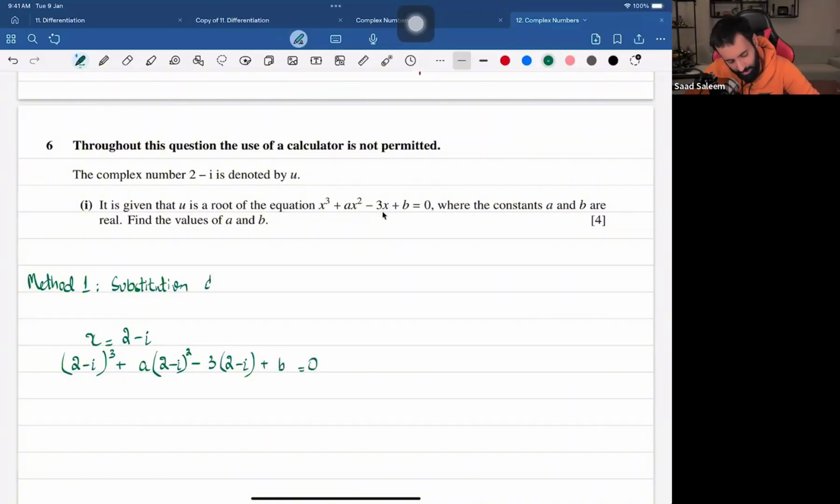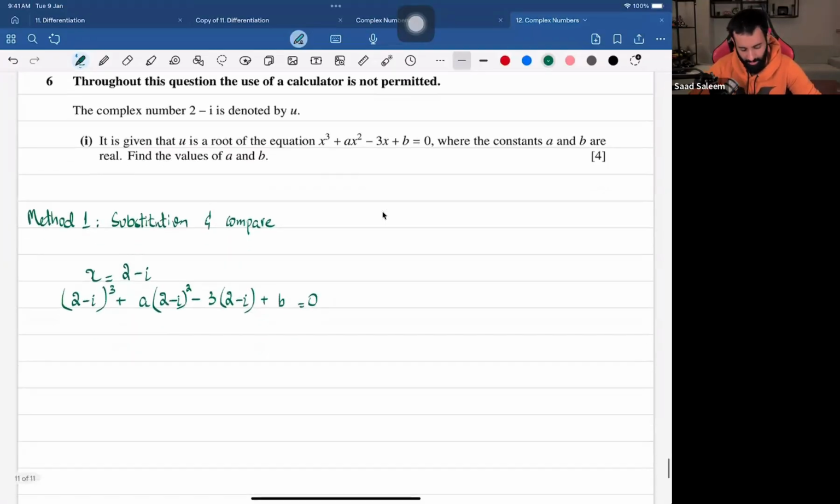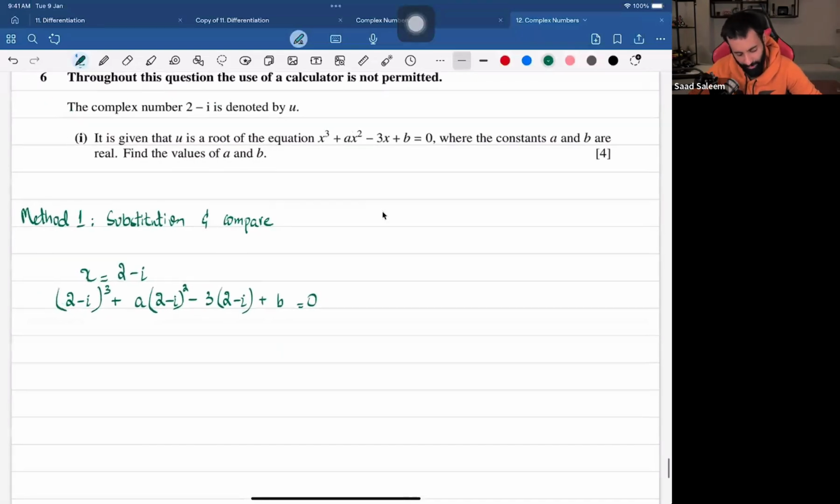This is substitution and we do something else, which is that we compare. Now be ready for some insane amount of algebra. A good idea would be to memorize these 3 identities. If you have (a plus b) the whole thing cubed, it's going to be a cubed plus 3a squared b plus 3ab squared plus b cubed.